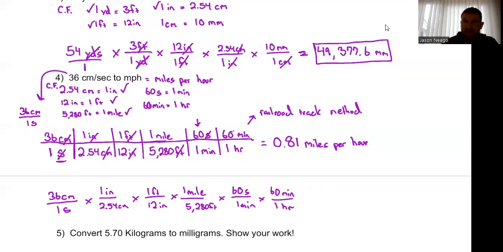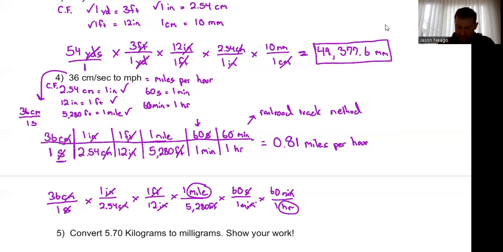Now, it's always a good practice to cancel out as you go. So my centimeters cancel, inches cancel, feet cancel. Miles, well, no, not miles. Miles don't cancel. We'll be left with miles. I have seconds and seconds canceling and minutes and minutes. So I have miles over hours for my unit.